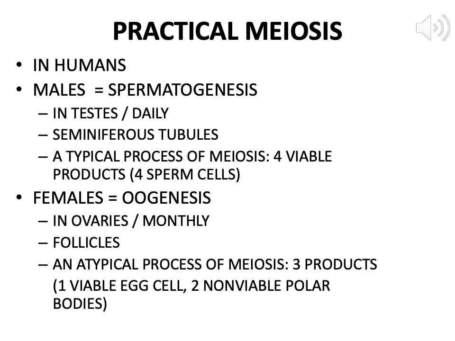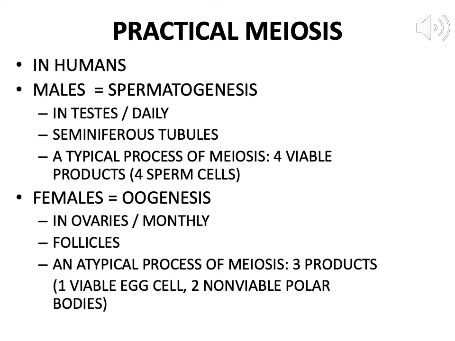In females, the process of egg formation is called oogenesis. Genesis for creation, oo implying ovum, meaning egg. So creation of eggs occurs in ovaries, which are gonads, but in this case on a monthly basis. And inside the ovaries are small spherical jacketed structures called follicles, and each follicle contains a diploid cell that will undergo meiosis to eventually produce an egg.